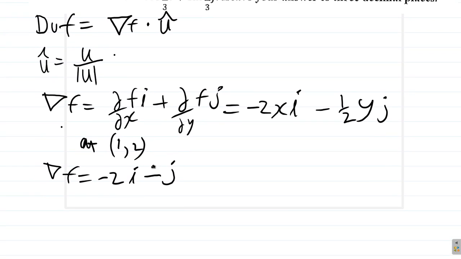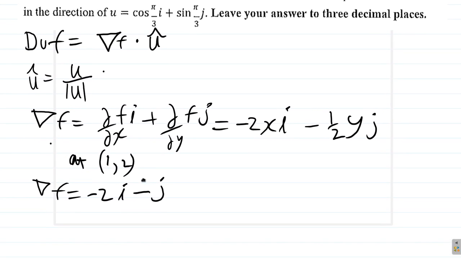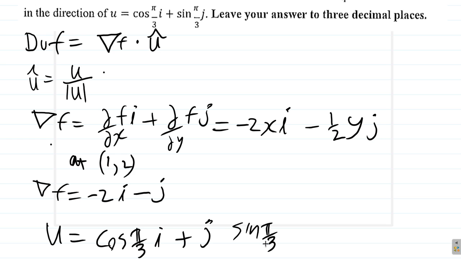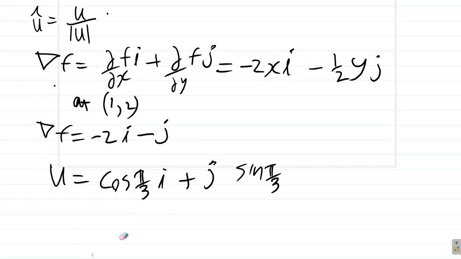Now, the unit vector. What is the magnitude of this vector? The vector is cos(π/3) i plus sin(π/3) j. Let's not bother putting the j first; put it after i, following the same pattern.